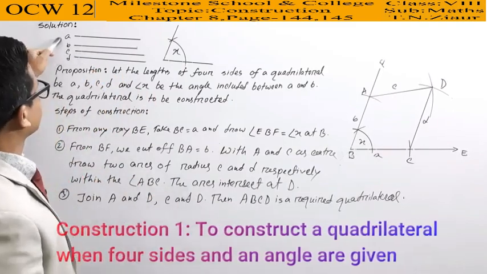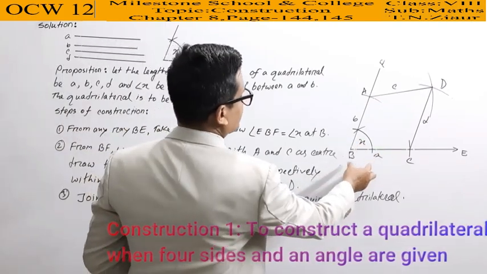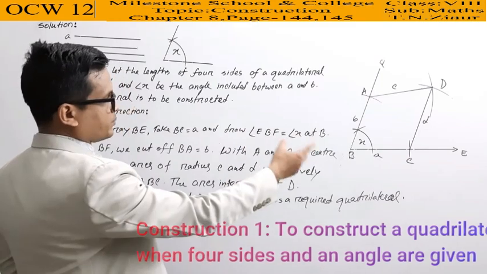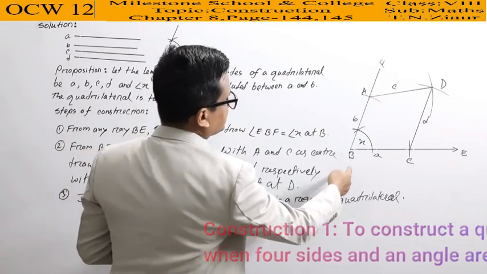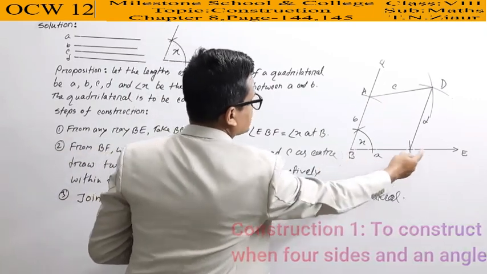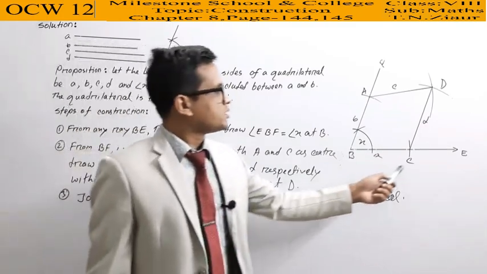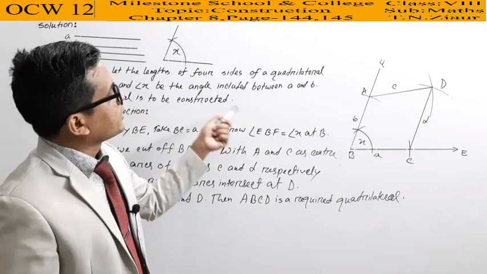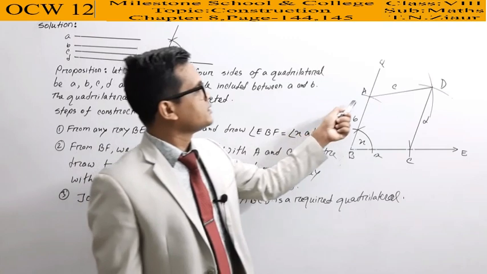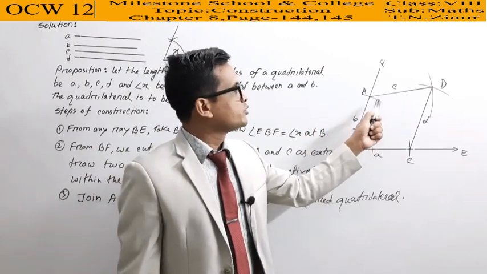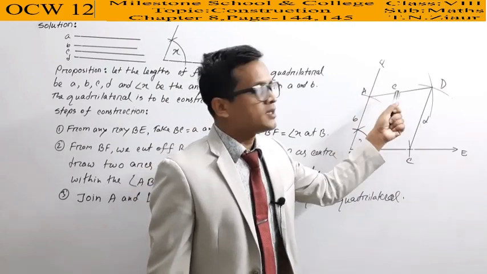So there are four sides and an angle. When you take any ray, first we take BC, which is equal to the length of A. Then at the point B we draw angle EBF equal to angle X. Then we cut off BA, which is equal to the length of B. Then with A and C as center, we draw two arcs within the angle ABC, with radius C and D respectively.